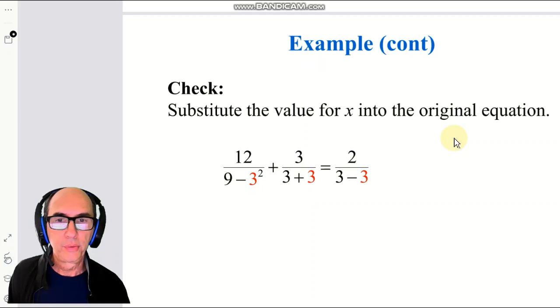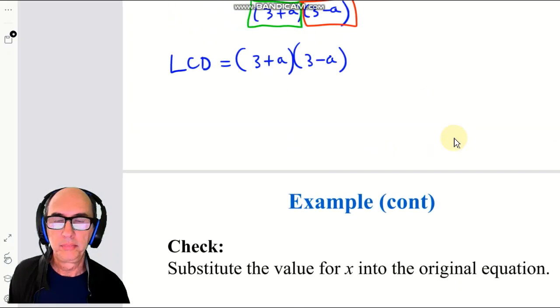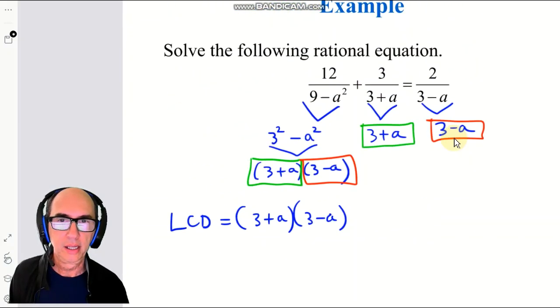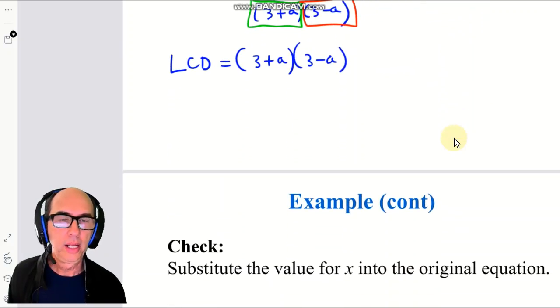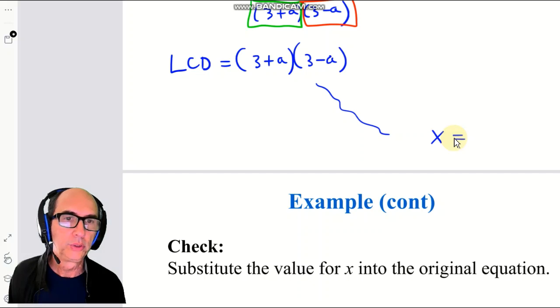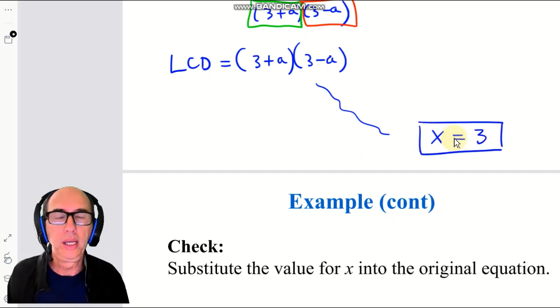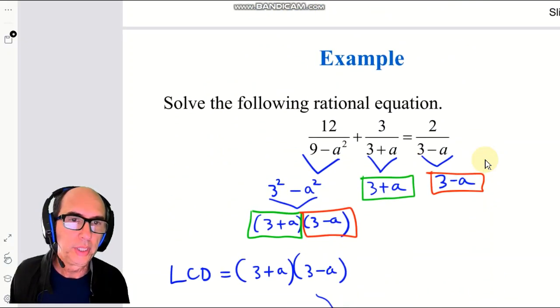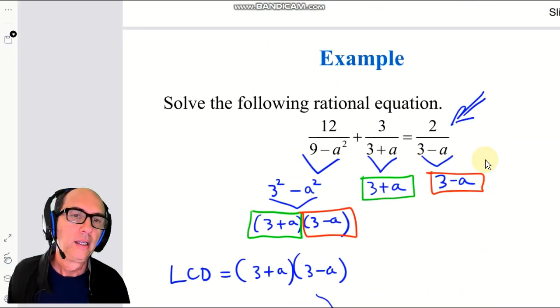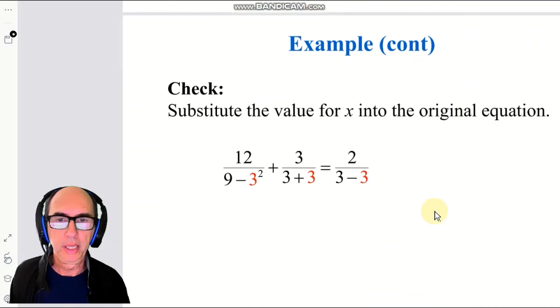Be careful, because when you do your calculations, you're going to find x equals 3, let's say. Then you have to plug into the original equation, and we will have a big problem.